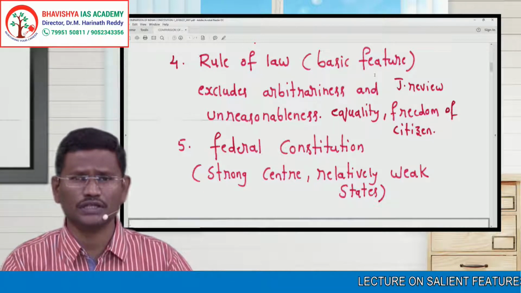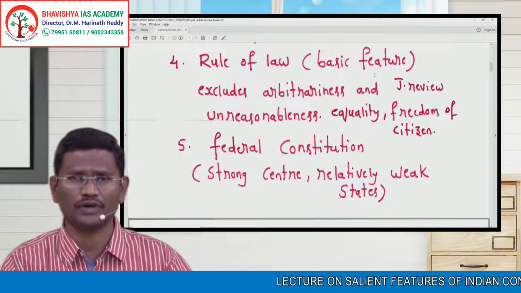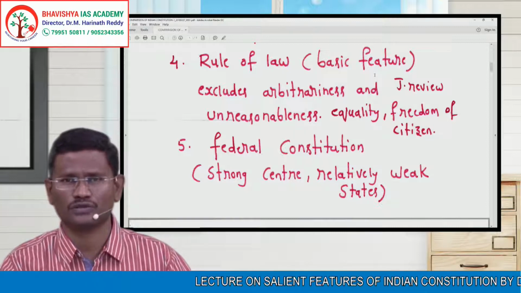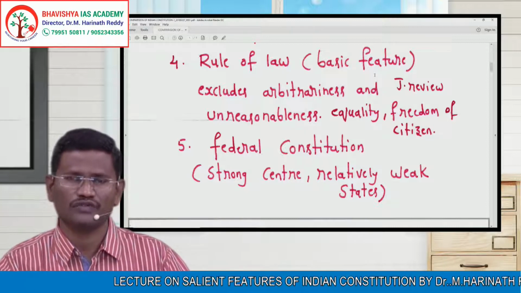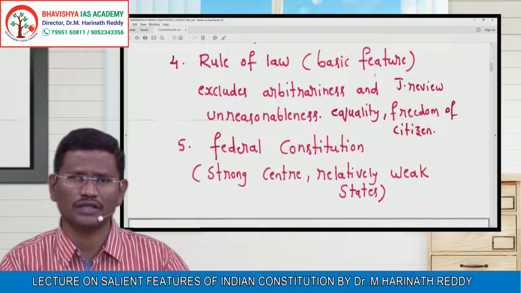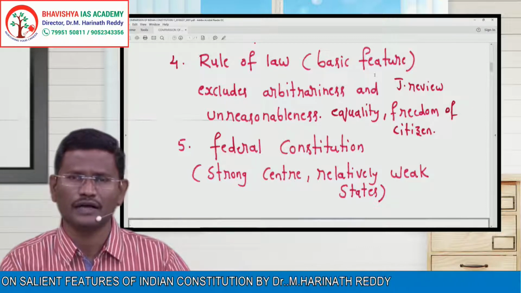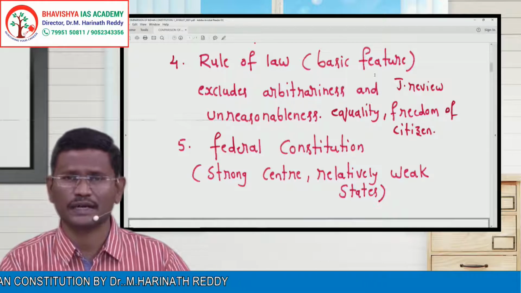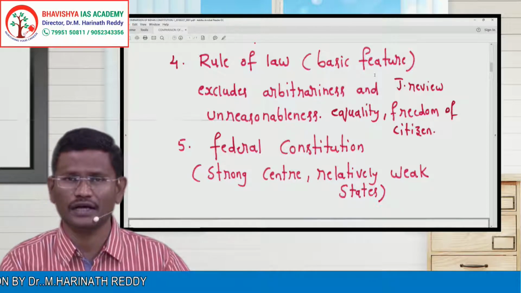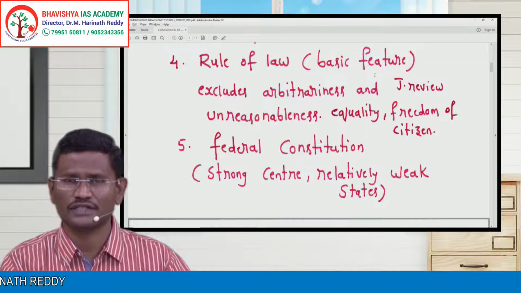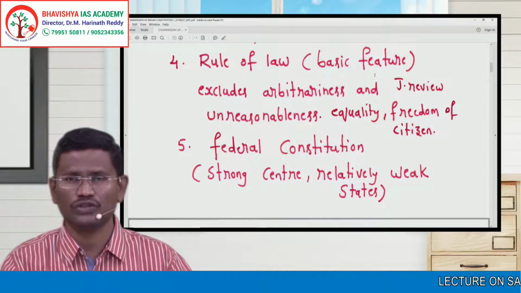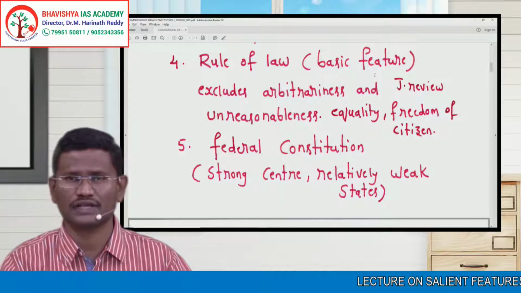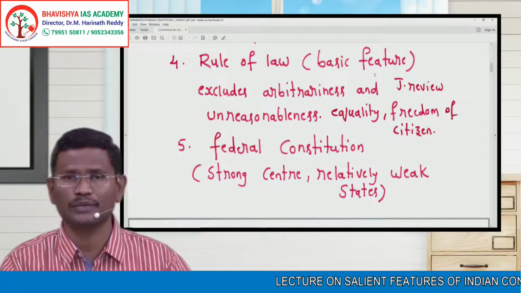The territorial integrity of the states is guaranteed by the American Federal Constitution, which means if the boundaries of the states have to be altered in America, consent of the concerned state legislature is compulsory. But in India, the boundaries of the states can be altered by the Indian Parliament unilaterally without the consent of the concerned state legislature by simple majority.